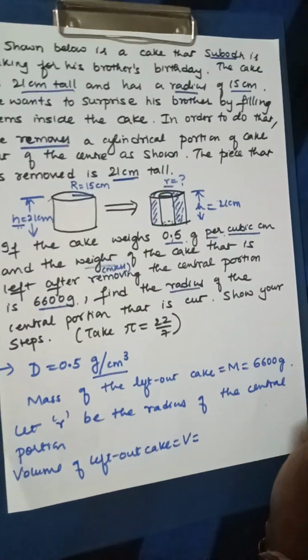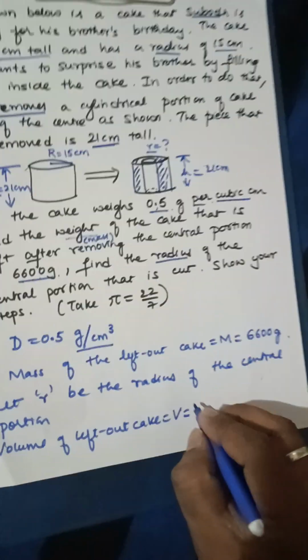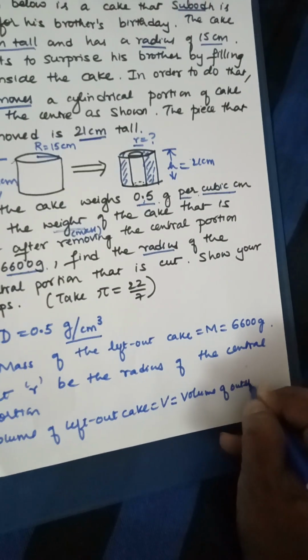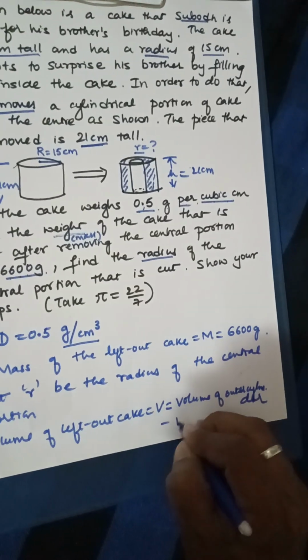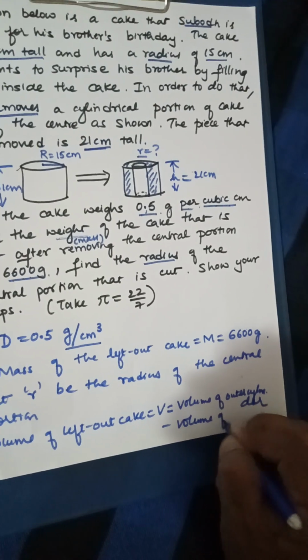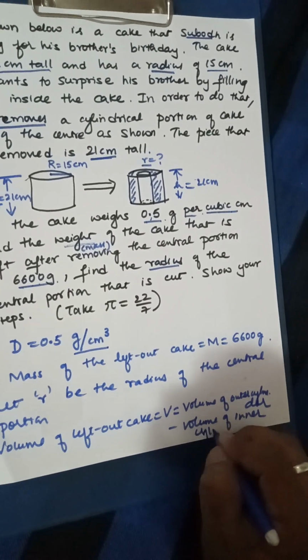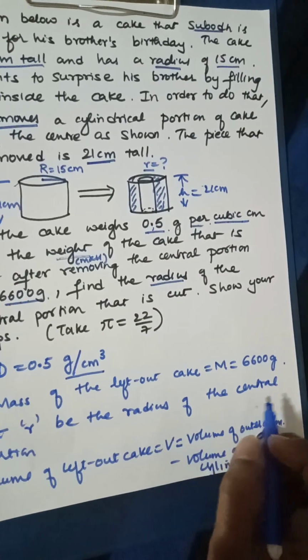How do we find the volume of left out cake? It is nothing but volume of outer cylinder minus volume of inner cylinder. Volume of outer cylinder minus volume of inner cylinder. Why?